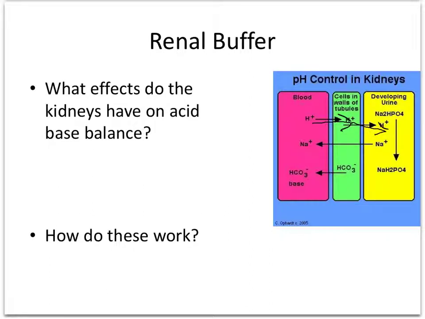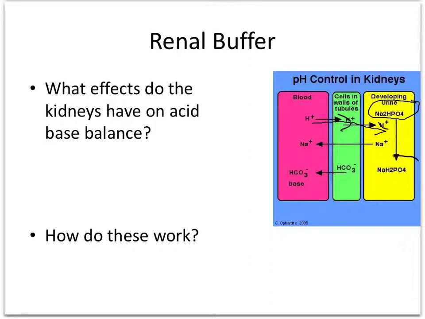These hydrogen ions can now bind with this molecule right here, which is a portion of the phosphate buffering system. It's called sodium phosphate, and the sodium phosphate is a base that can accept these hydrogen ions.